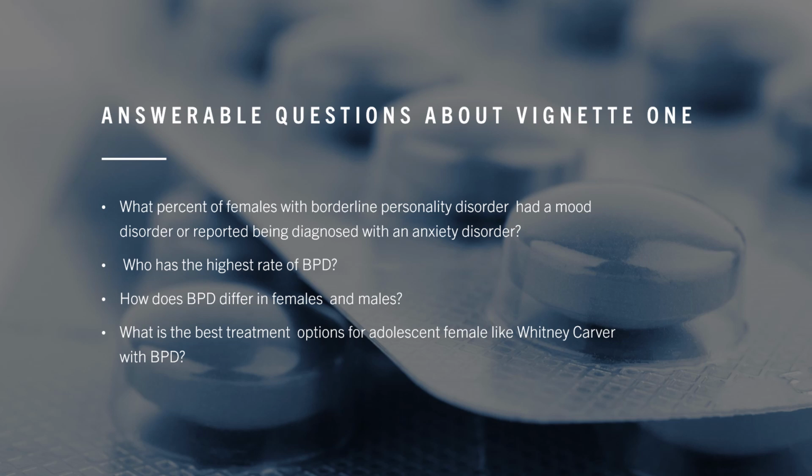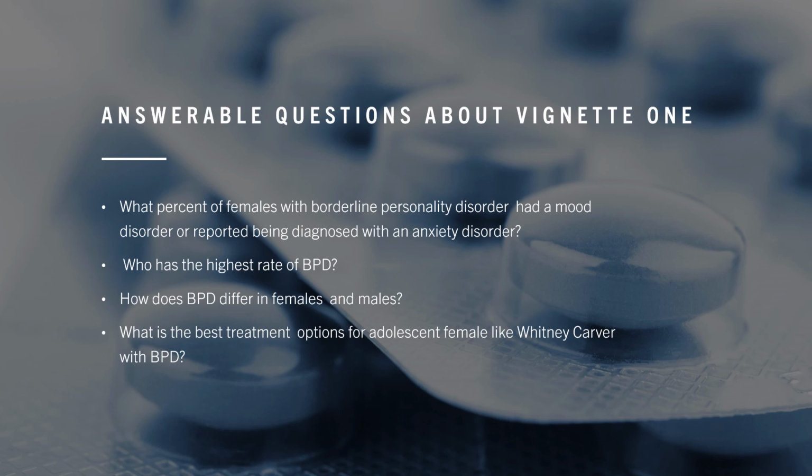Firstly, I put what percent of females with borderline personality disorder also had a mood disorder or reported being diagnosed with an anxiety disorder? The answer says women between ages 15 and 20 had a 92 to 96% chance of having an anxiety disorder or a mood disorder.